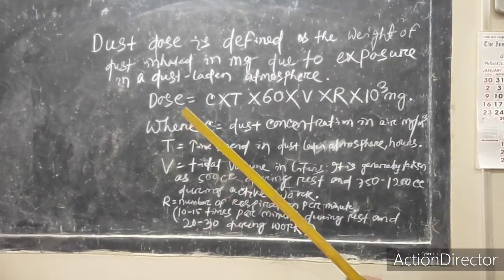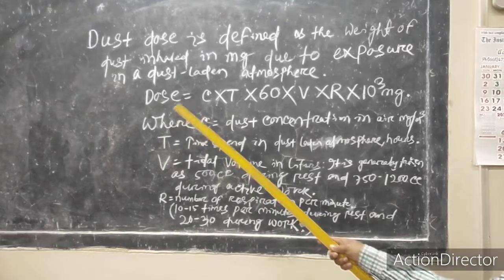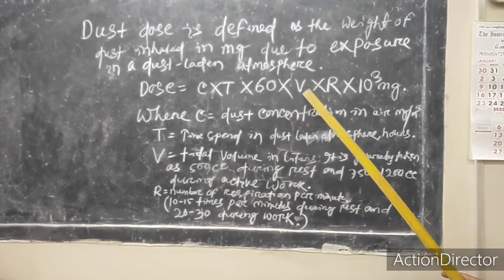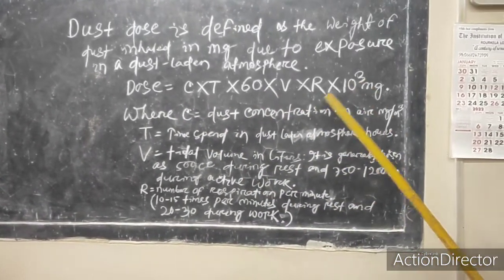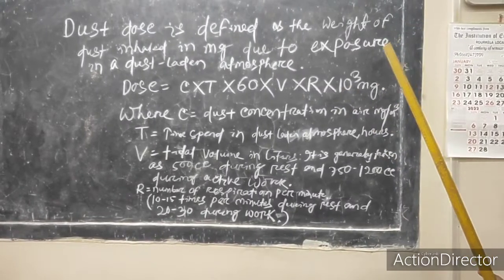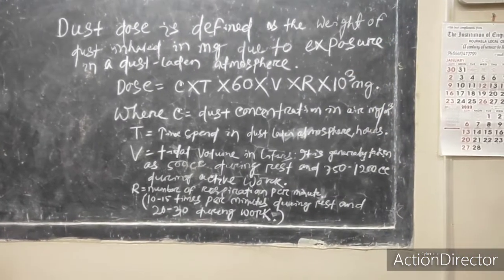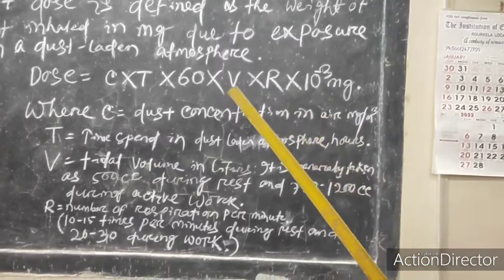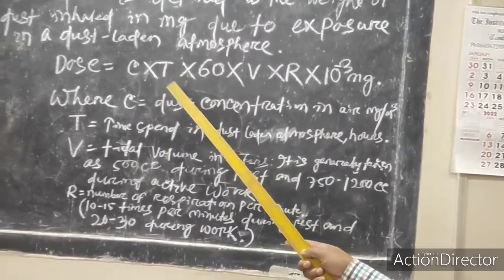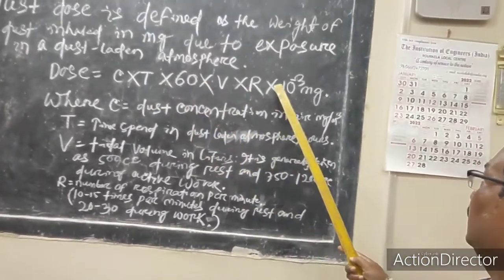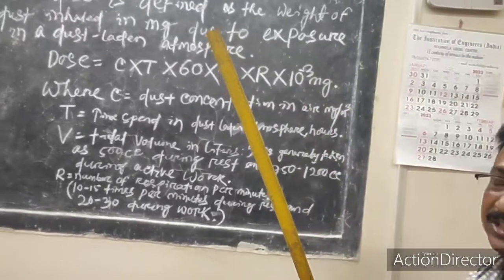The formula for dust dose is C t V R 10 to the power 3. Sorry, I am just repeating this one. The formula is C t 60 V R 10 to the power minus 3 milligram.